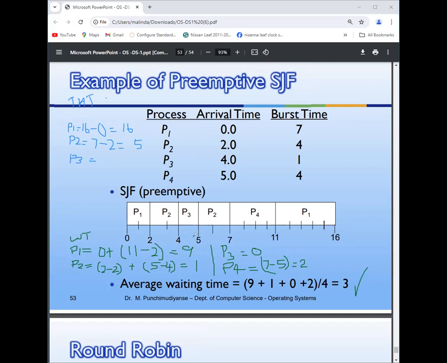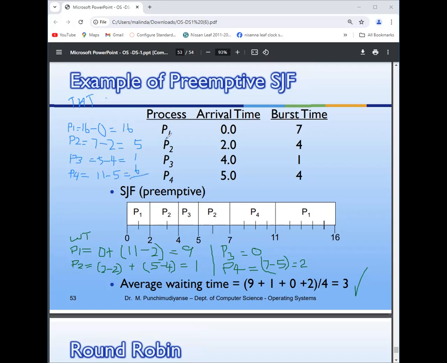Went out of the system at time equals 5. So 5 minus 4, which is 1. And P4 came to the system at 5 milliseconds. Went out of the system at 11 milliseconds. So 11 minus 5, which is 6.